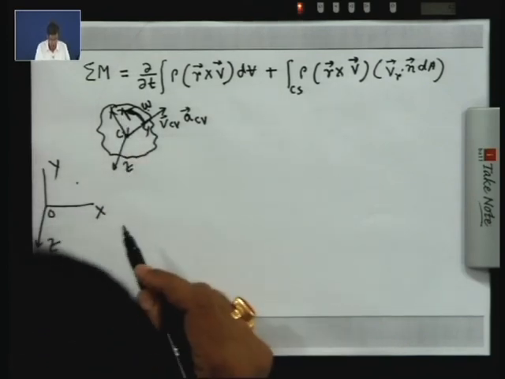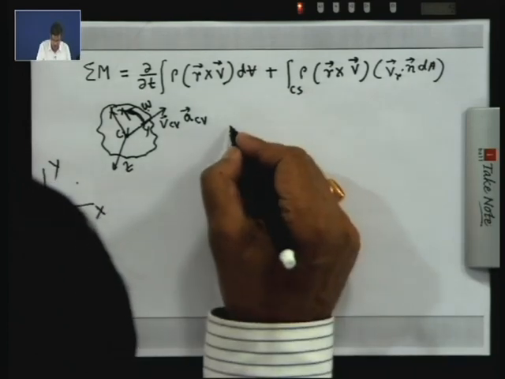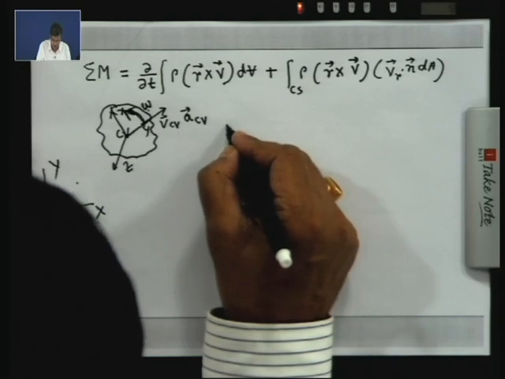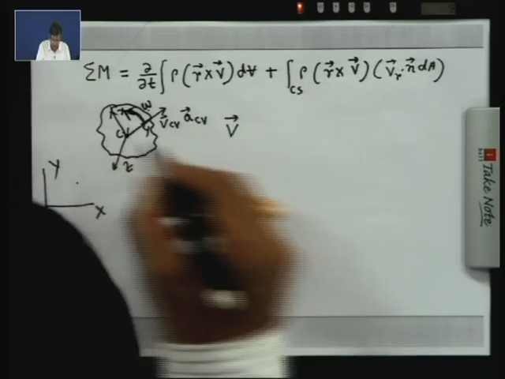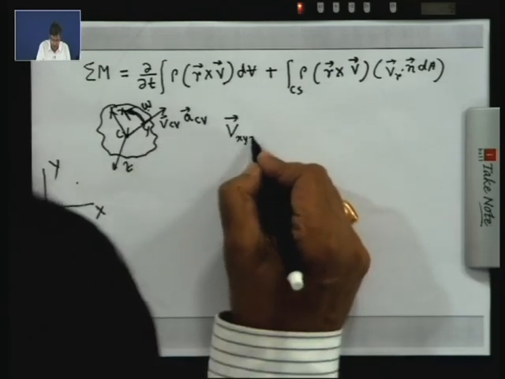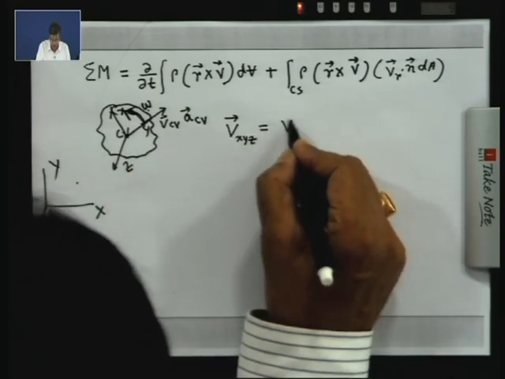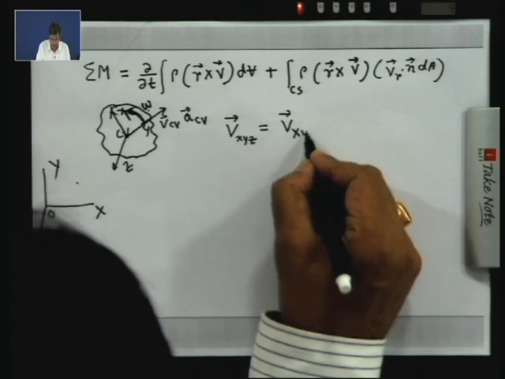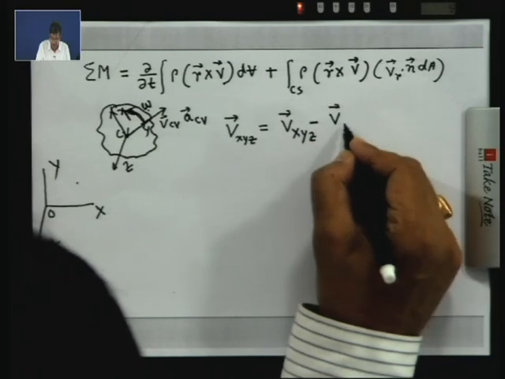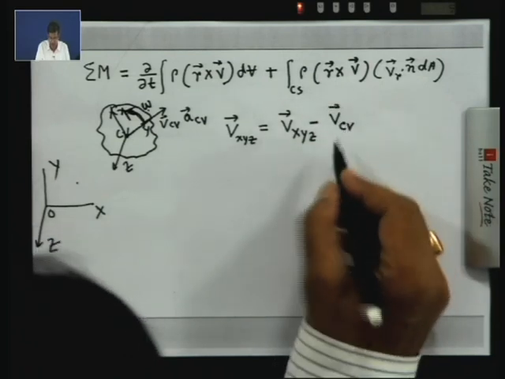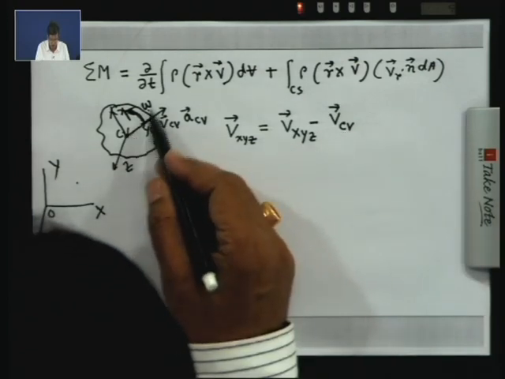Now here we first write the expression, then I will tell you. I just write the expression: V with respect to this capital X, Y, Z, that means the static frame of reference, becomes V static frame of reference minus this, which I define, for our easier understanding, as the velocity of the control volume, that means the velocity with which the frame of reference is moving.